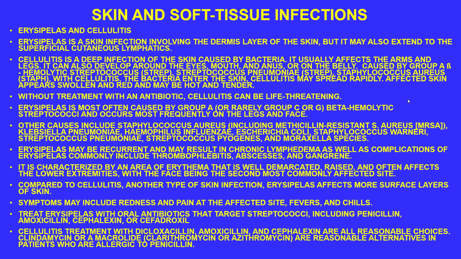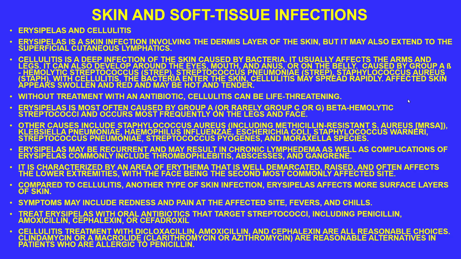Now with cellulitis, the bacteria enter the skin and the cellulitis may spread rapidly. The affected skin appears swollen, it appears red, and it may be hot to touch and tender. Now, without treatment with an antibiotic, cellulitis can be life-threatening.